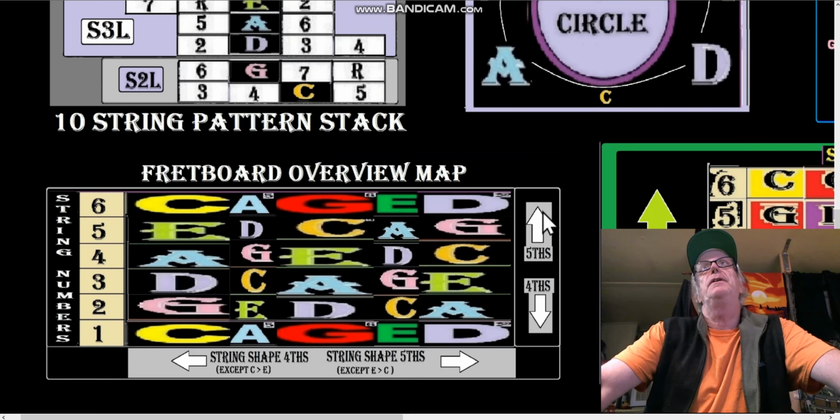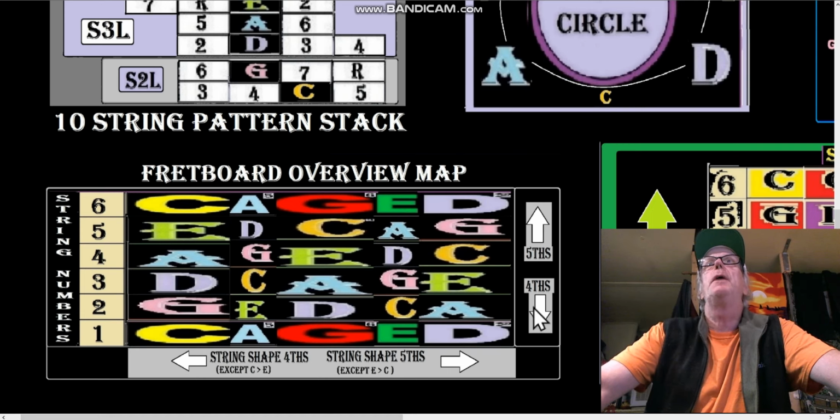Now this fifths and fourths here is opposite of this guy over here, which is start string from any shape. When we're going up in the string shapes, we're going up in fifths. Fifth of C is G, fifth of G is D, fifth of D is A, fifth of A is E, and then the augmented fifth.